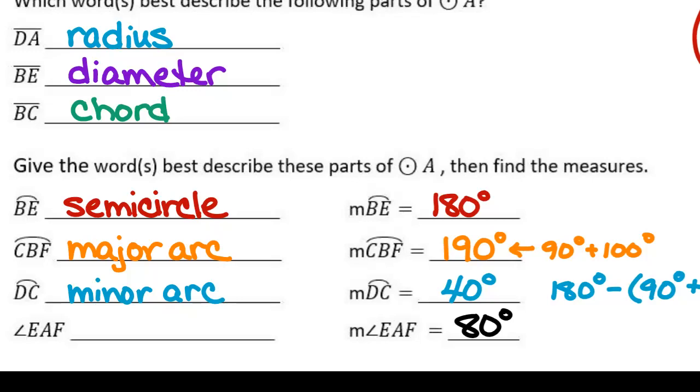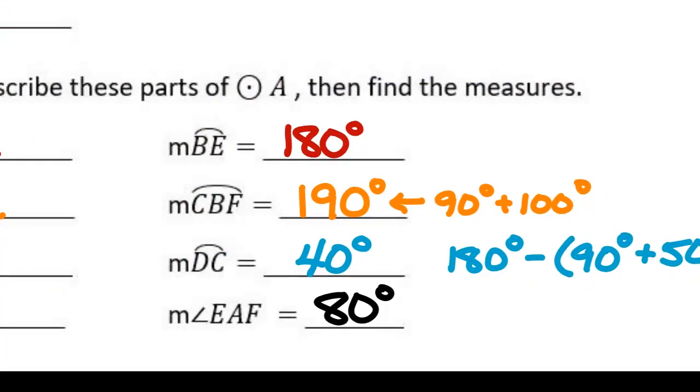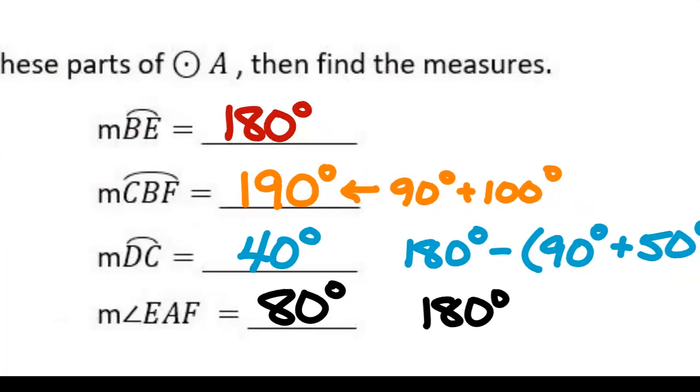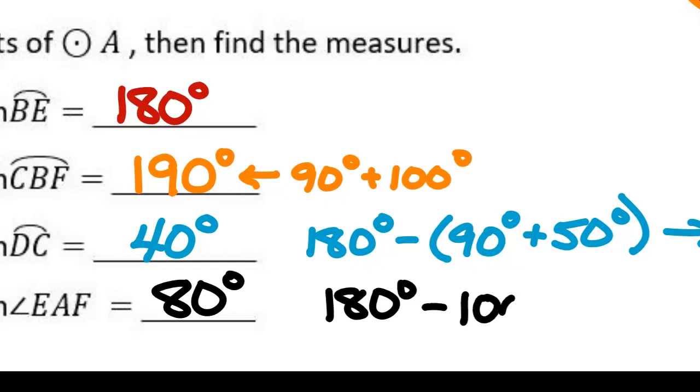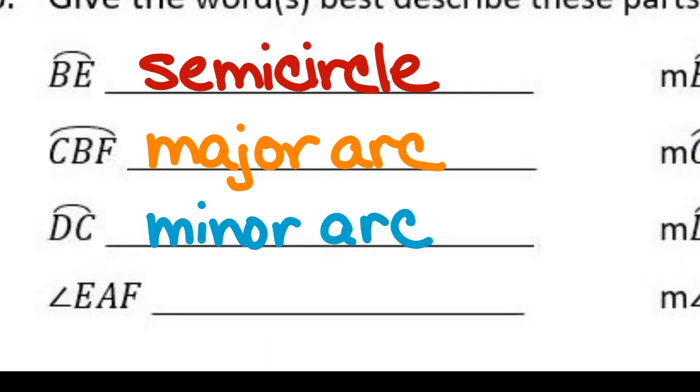Like we had for arc BE, that was a semicircle. For arc CBF, that was a major arc. Arc DC was a minor arc. What would we call angle EAF? Looking for a word that starts with a C. It's not a chord.